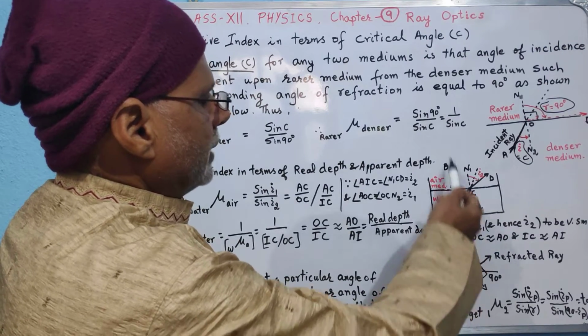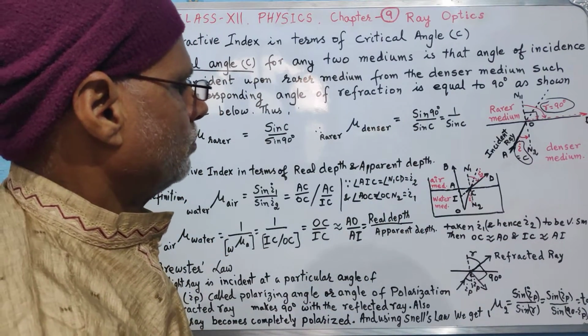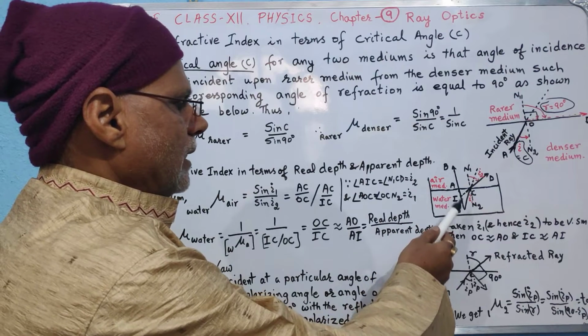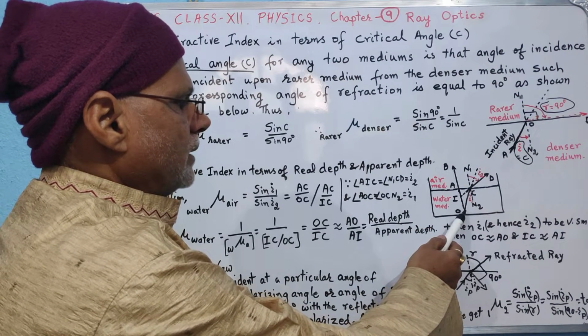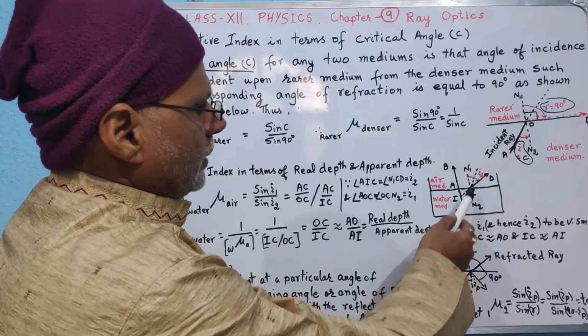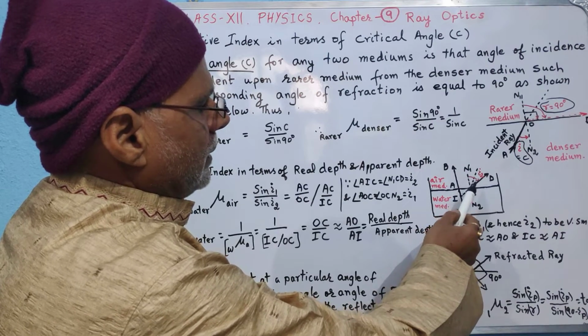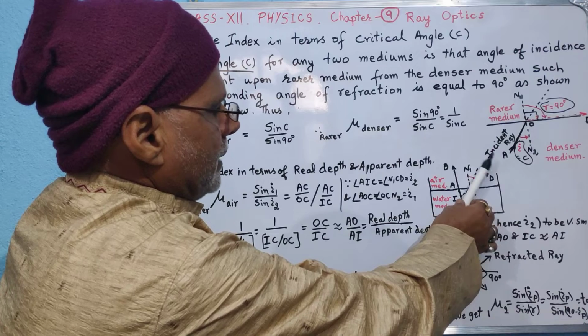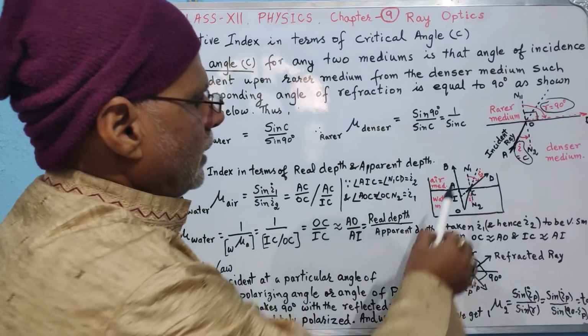So the ray moves undeviated straight in its own path, and we take another ray emerging from the object along the direction OC. And since it is entering the rarer medium, the light ray is deviated away from the normal along CD.